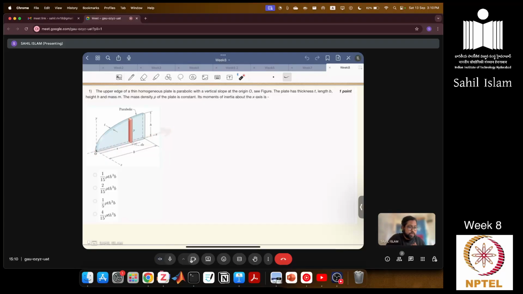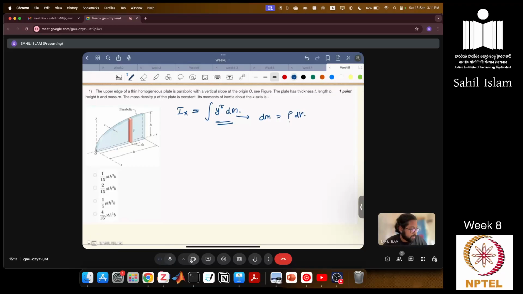What is the moment of inertia? So how do you start doing the problem? We know from the definition, as we have already discussed in previous classes, that the moment of inertia about the x-axis is the integral of y square dm. Now we can write this dm, the mass of a unit volume, as rho dv.